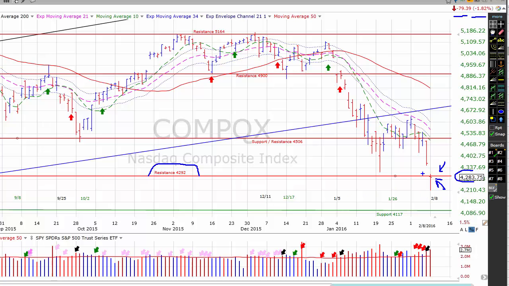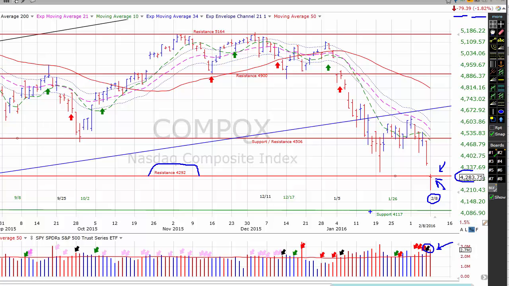We'll see if we can recapture that resistance area or if the market wants to continue lower. Trading volume yesterday was higher than the prior day. And for you followers of William O'Neill, we are back in a market in correction. We went back to market in correction yesterday, on February 8th.